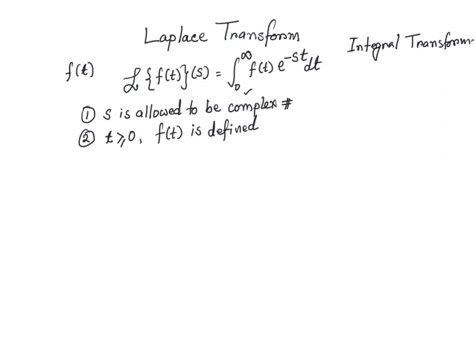Number three, you could have the function defined for t less than 0. In that case, typically for t less than 0, we set f of t equal to 0, so it does not have any impact on the integral. So this is how we define the Laplace transform.